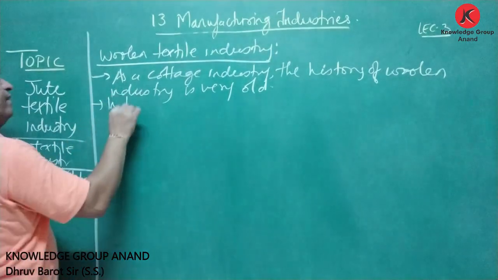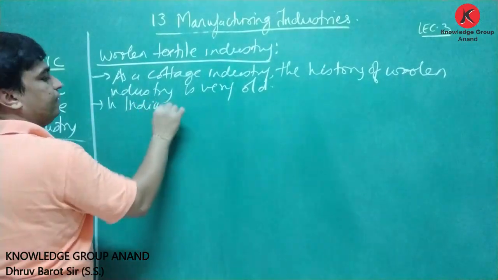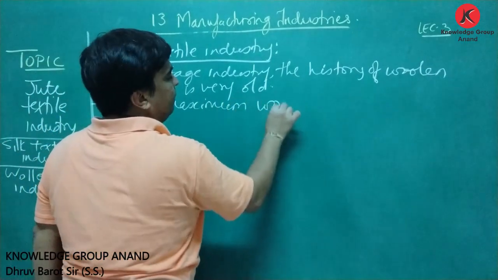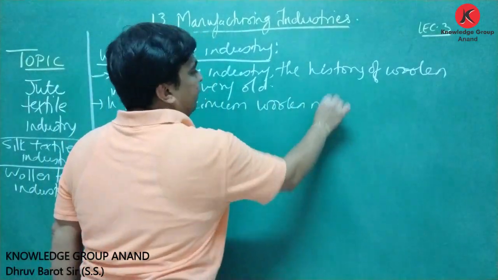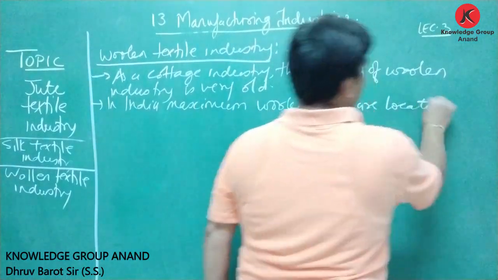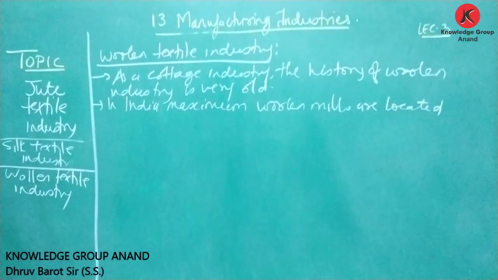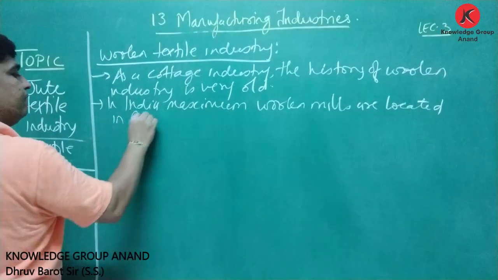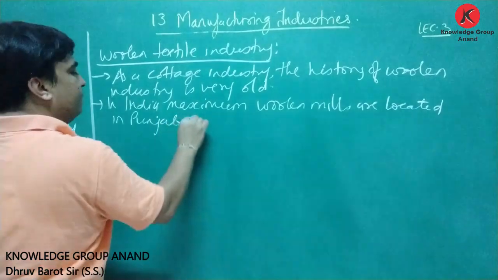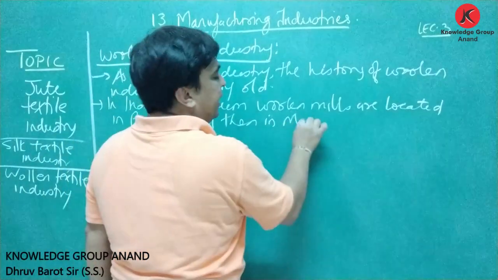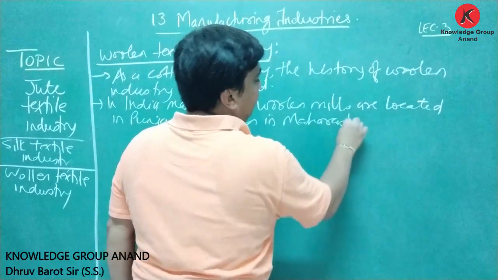In India, the maximum woolen mills are located in Punjab and then in Maharashtra.